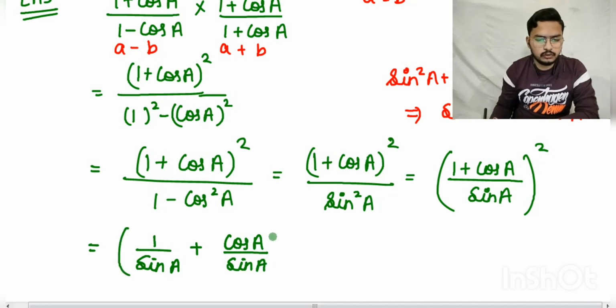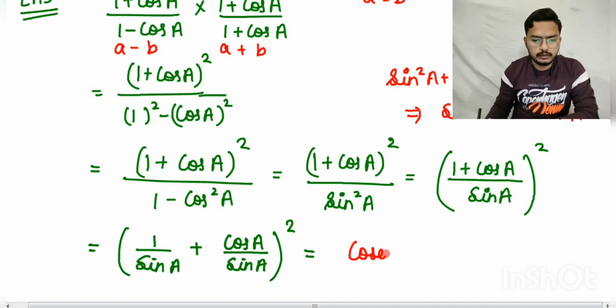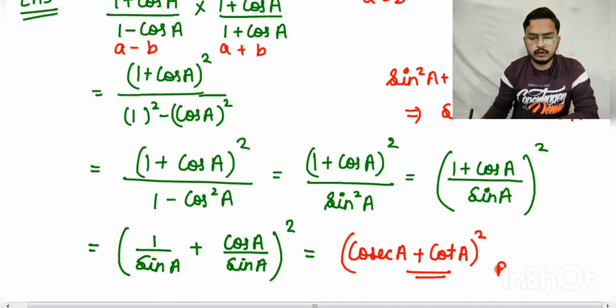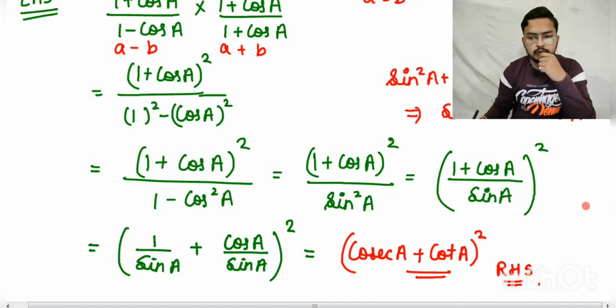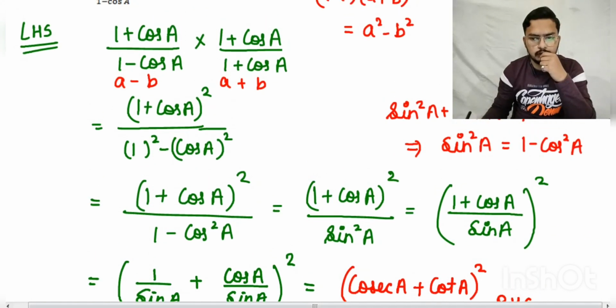So that is whole square. So this is exactly 1 upon sin A, that is cosec A, plus cos A upon sin A, that is cot A, whole square. This is the thing which we want to prove, right? So in this way you can prove this particular question. That is not a tough one.